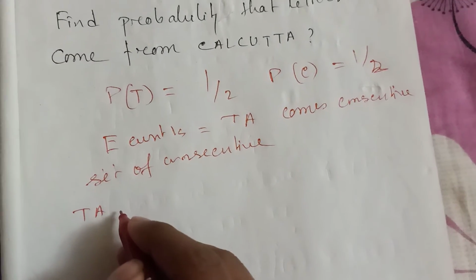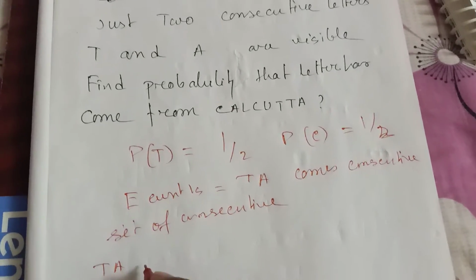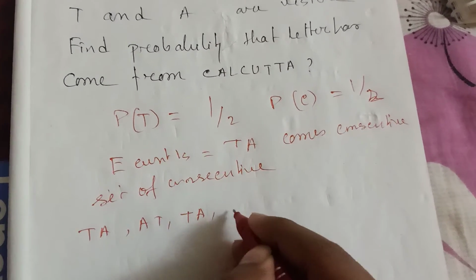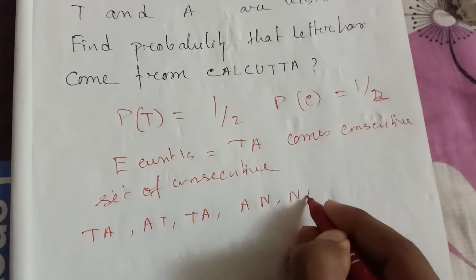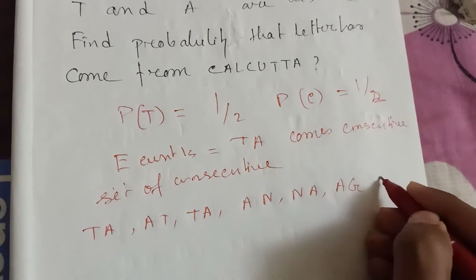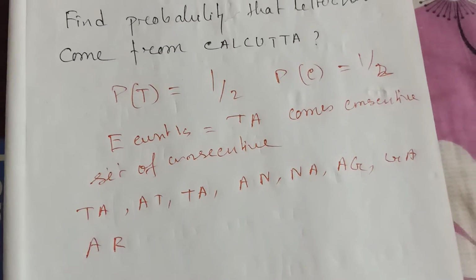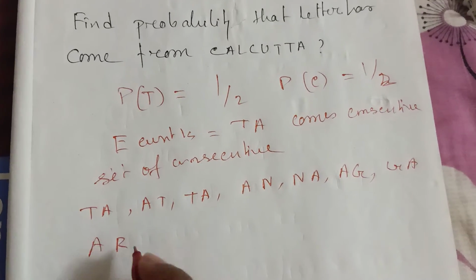From Tatanagar, the consecutive letters are TA, AT, TA, AN, NA, AG, GA and AR. So there are a total of 8 sets.